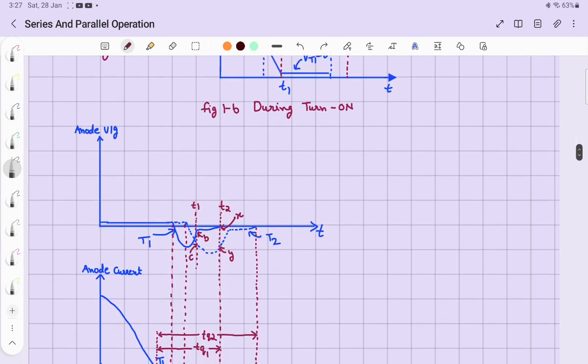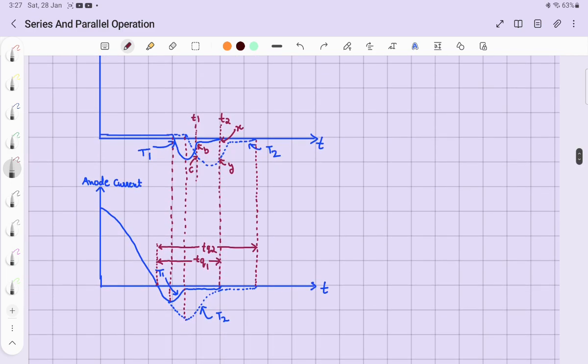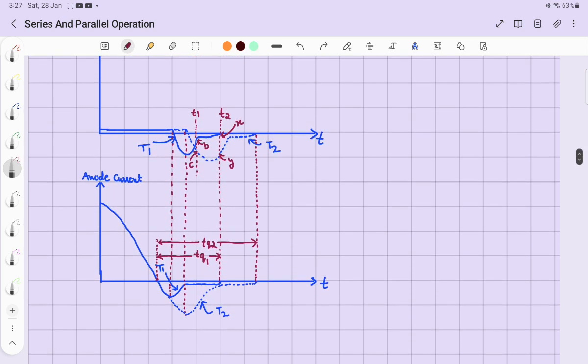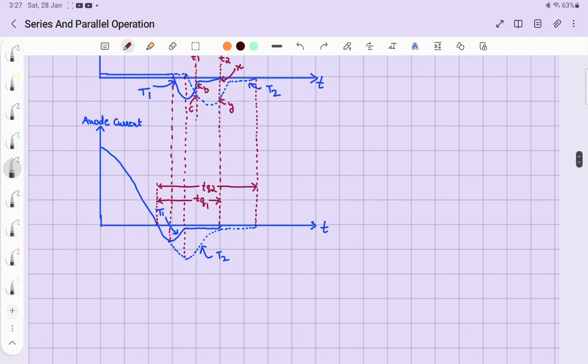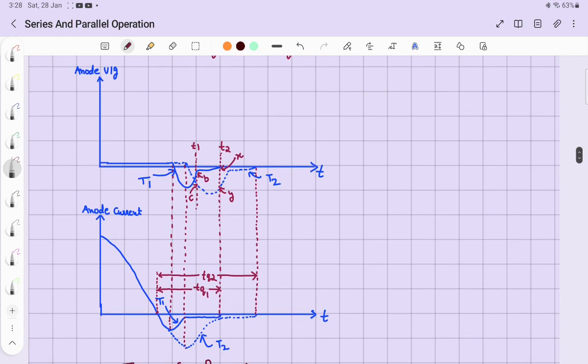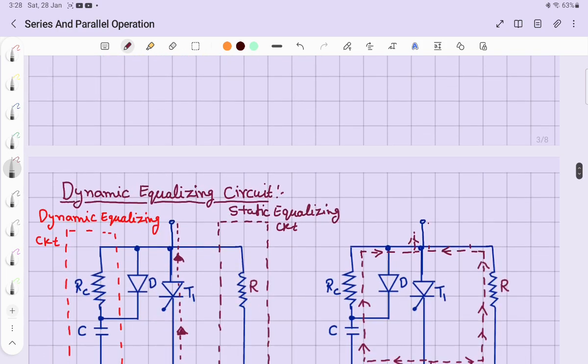Similarly, you can see for the turn off process, during turn off the reverse recovery current plays a very important role.